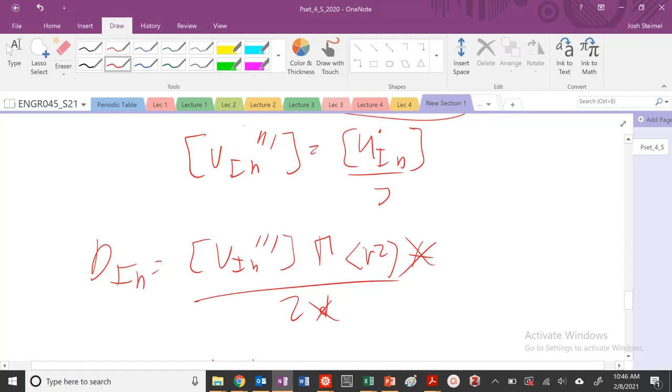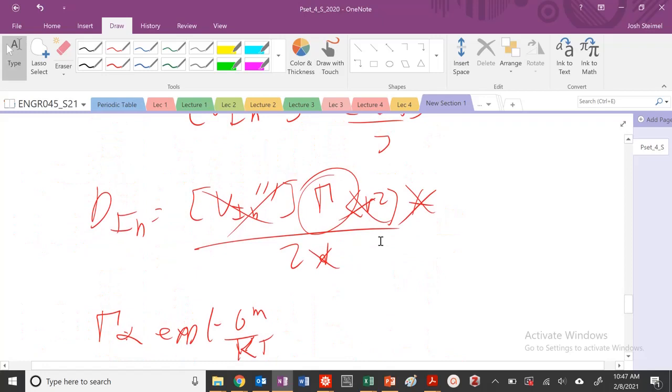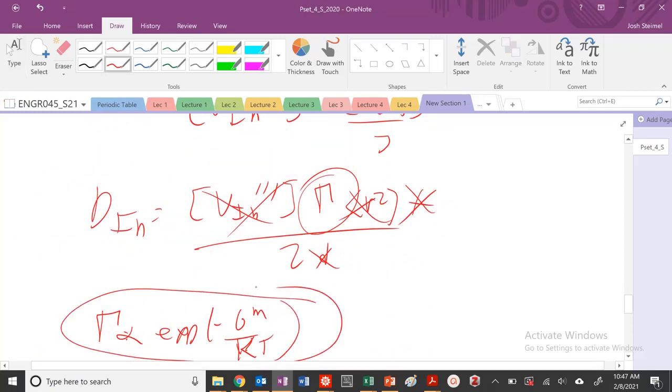No temperature here, no temperature here, no temperature here. We just have our migration left. So I can draw this reaction right here, and the slope is just going to be this Gm divided by K, because it's proportional to this here.